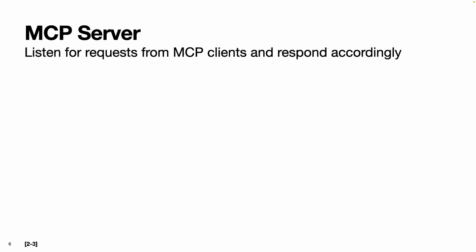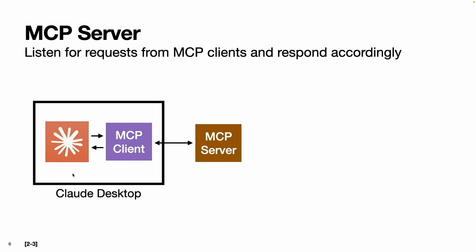So diving into that, as we saw in the previous slide, the server is an independent system from the AI application, and it's responsible for listening for requests from MCP clients and responding appropriately. Returning to our Claude Desktop example, we can have our independent MCP server living over here, and it's talking to the client.